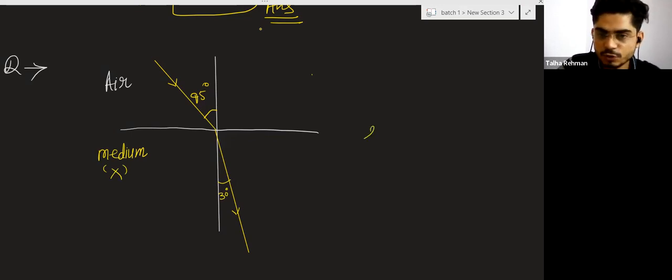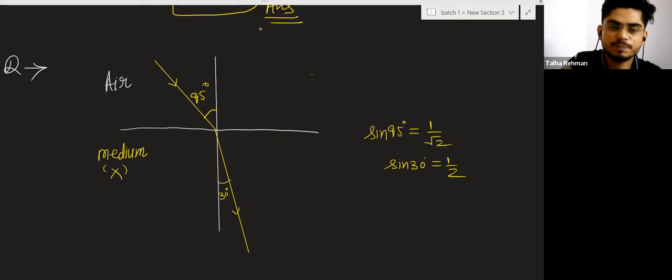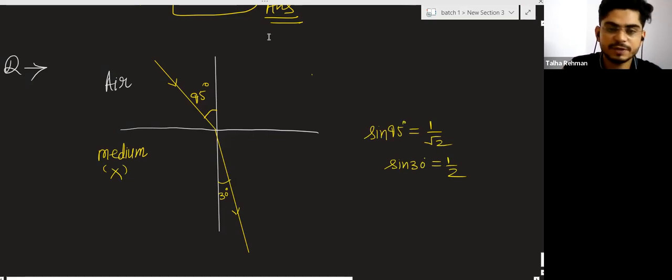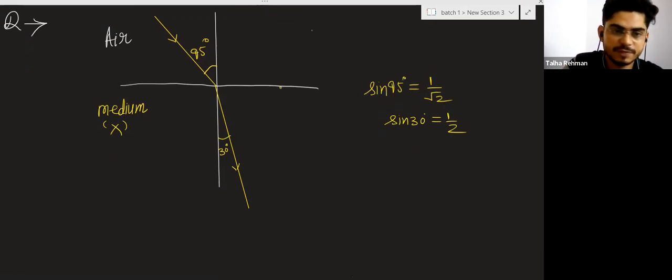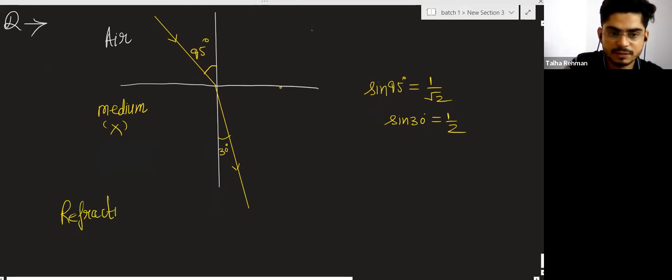I am telling you all the values: sine 45 degrees is equal to 1 by root 2 and sine 30 is equal to 1 by 2. Please tell me what is the value of refractive index n for this medium x. All of you, please try and tell me the answer.